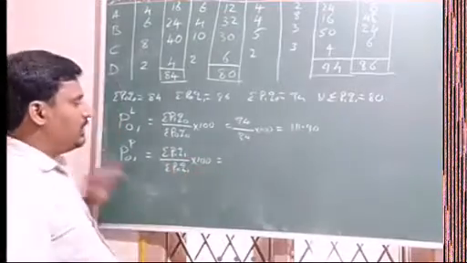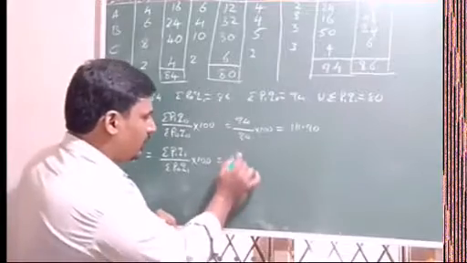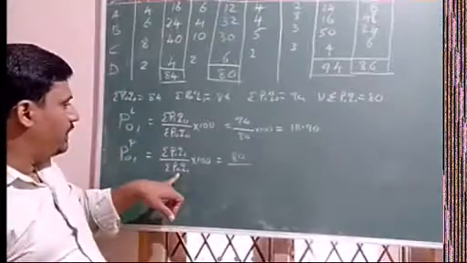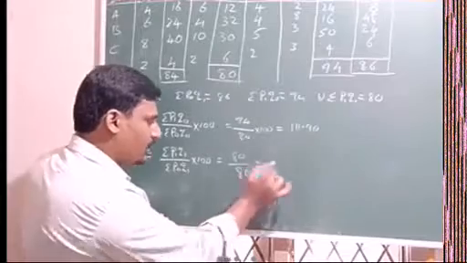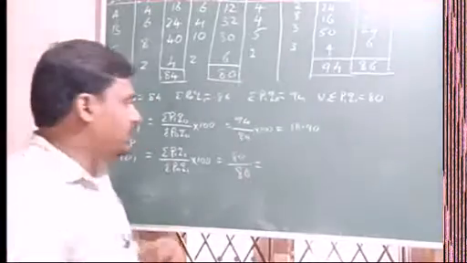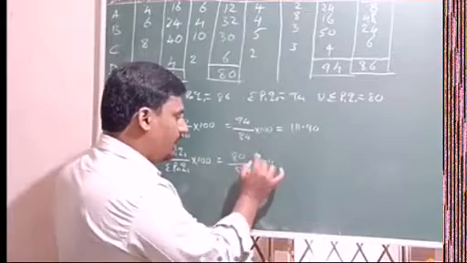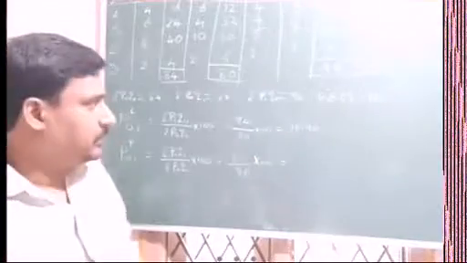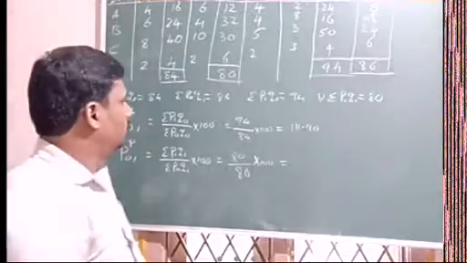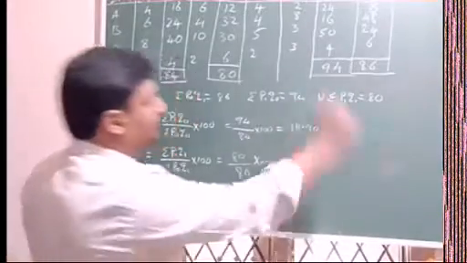So summation P1Q1 is 80 divided by summation P0Q1 is 86, is equal to 80 divided by 86 into 100. 80 divided by 86 into 100 is equal to how much? 93.023. Okay.